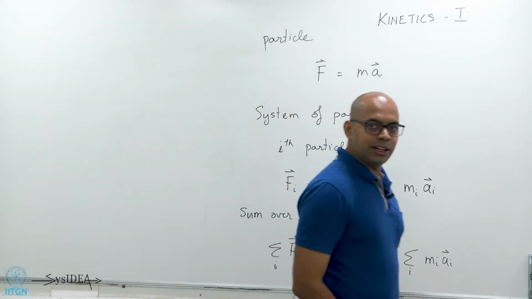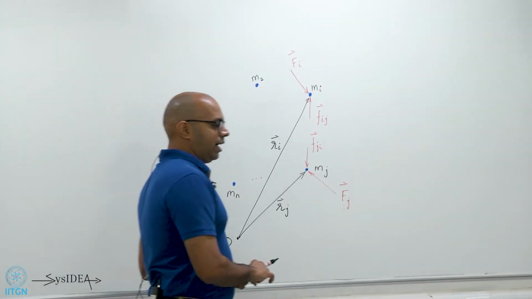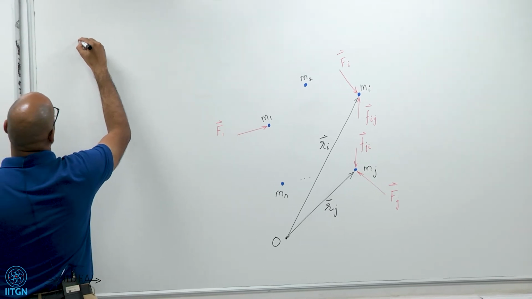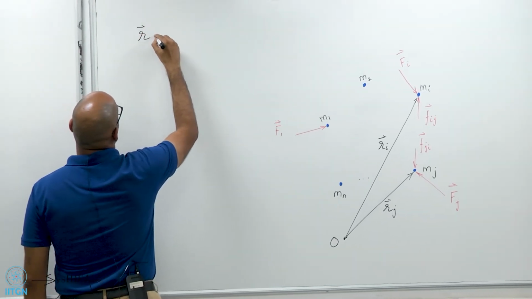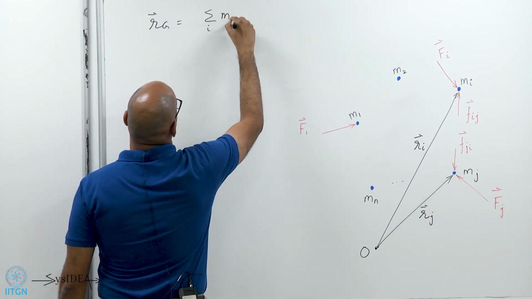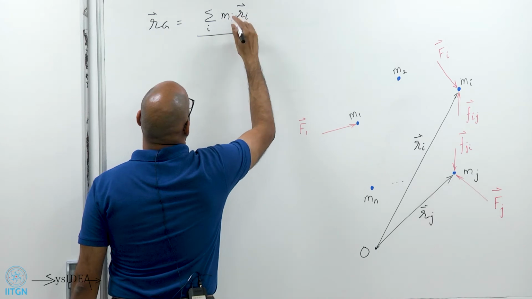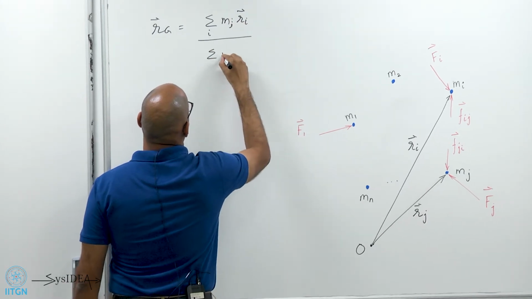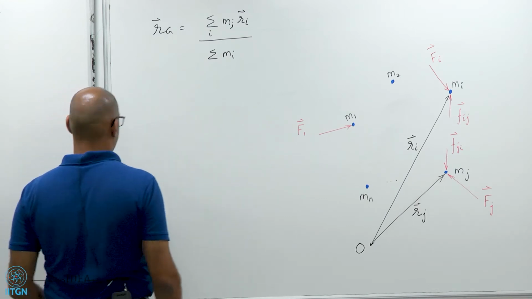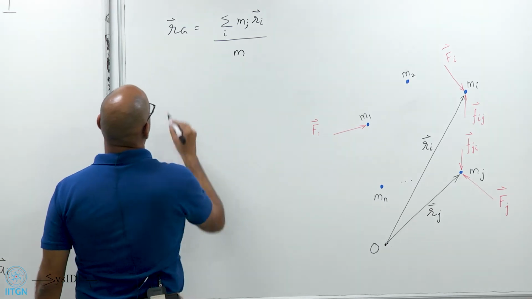On the right hand side of that equation, we are familiar with the definition of center of gravity, which is the sum of mi Ri divided by the sum of mi, and this let me just call m.